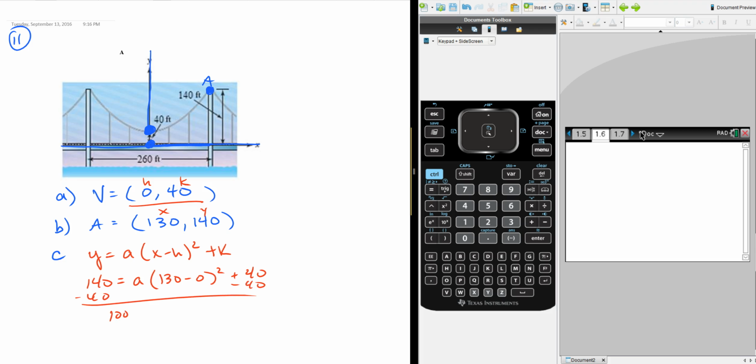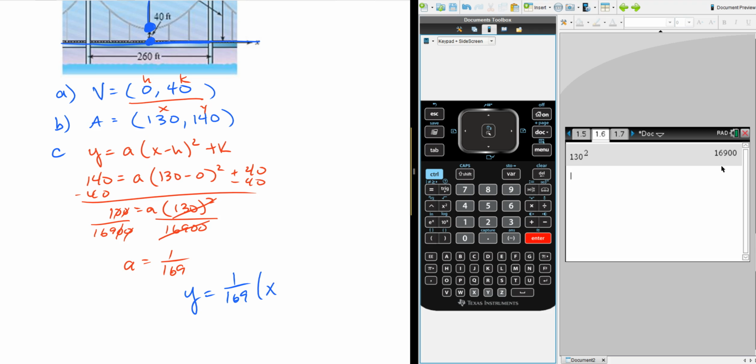So my function for that parabola is y equals 1 over 169 times x squared plus 40.